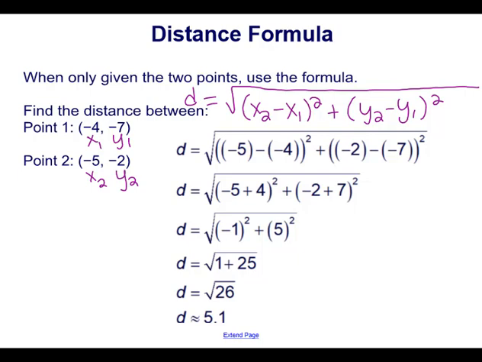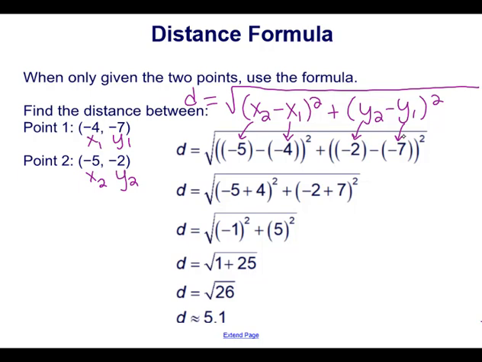So we substitute in the values for x2 as -5, x1 as -4, y2 as -2, and y1 as -7, and look, as we made our substitutions, we also used parentheses. Remember to use those. It will help you when you're adding and subtracting with negative numbers or negative values.